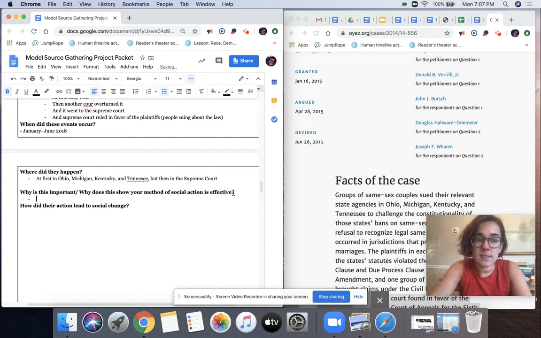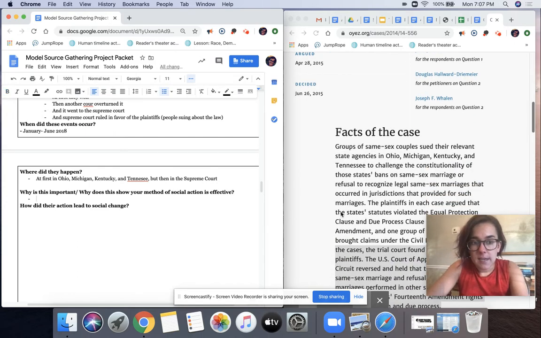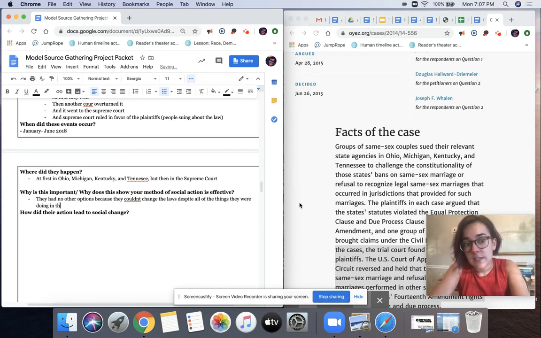This, in this case, is going to be some of my own thinking, because they had no other options, because they couldn't change the laws despite all of the things they were doing in their own state. So this is my own thinking. This is not coming directly from the article, but I'm seeing that, oh, look, this was their last resort.